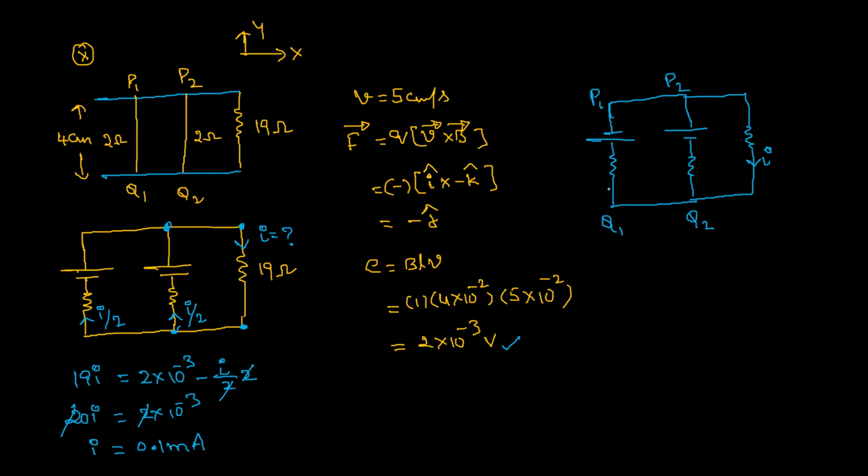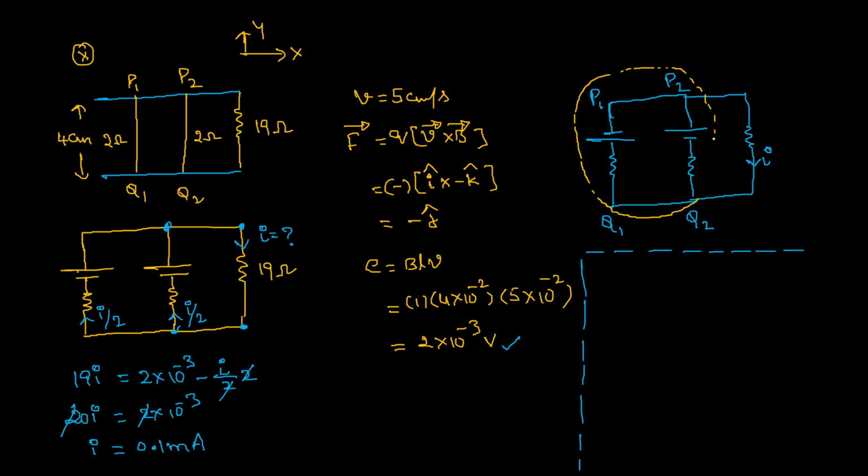See, in this part, if you want to replace these two batteries with a single battery, how do we replace it? First I am replacing these two batteries with a single battery.